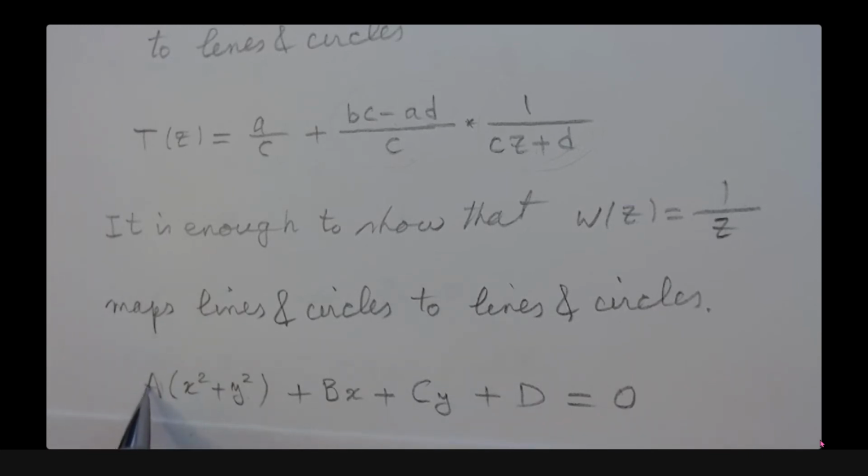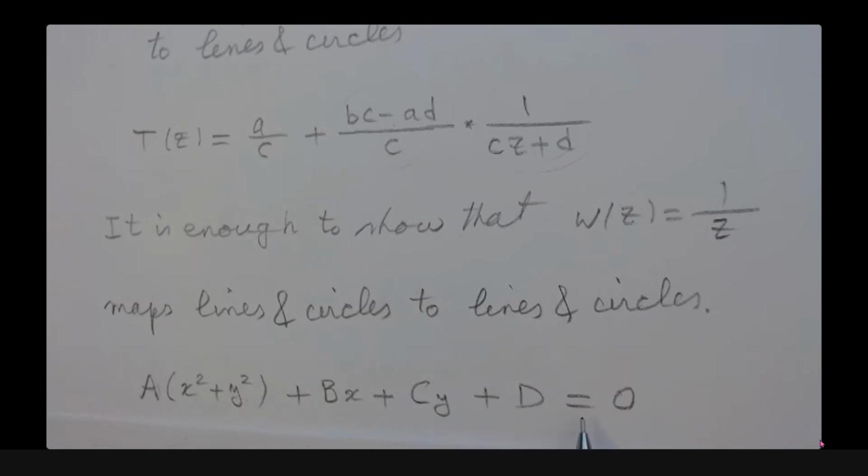Yeah, when a is 0, this term will vanish and you will have a straight line. So in the xy plane, or z plane, the equation of a line or circle definitely is going to be right here.